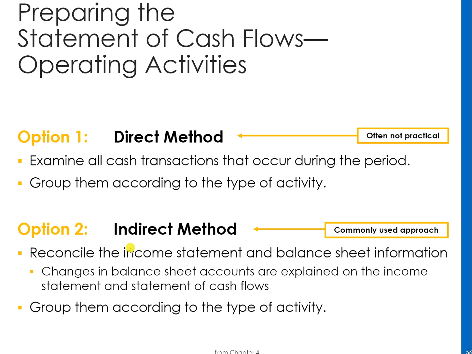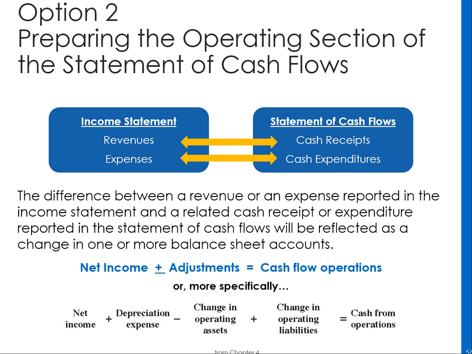So instead, what we can do is use the indirect method, which is commonly used. Under this method, we reconcile the income statement and the balance sheet information. We work from the net income, and we figure out what our cash flow from operating activities is. The idea of the indirect method is to find the difference between revenues, expenses, and the cash receipts and cash expenditures.